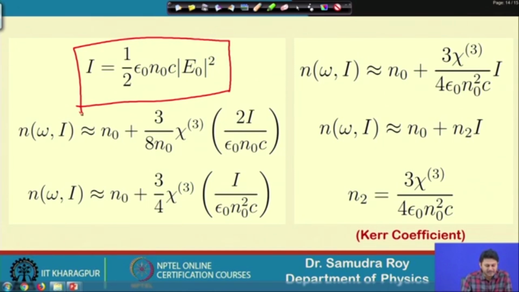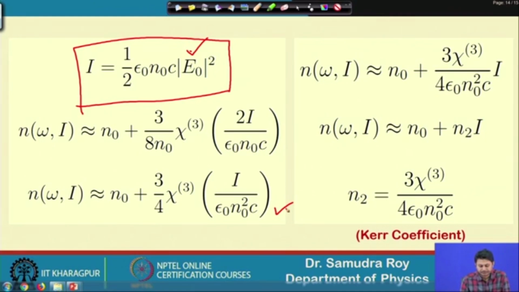If I replace this E 0 square in the equation, then the refractive index can be represented as 3 by 8 chi 3 n 0, and here I replace mod of E 0 square with 2 I divided by epsilon 0 n 0 c.